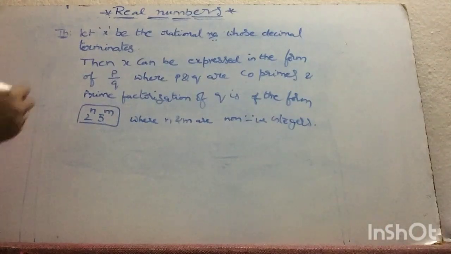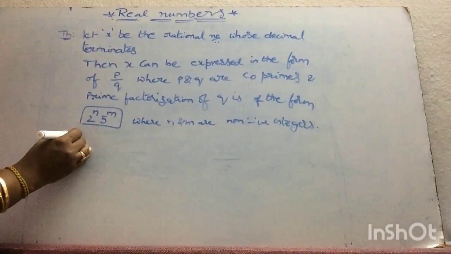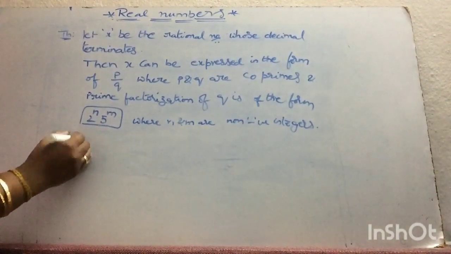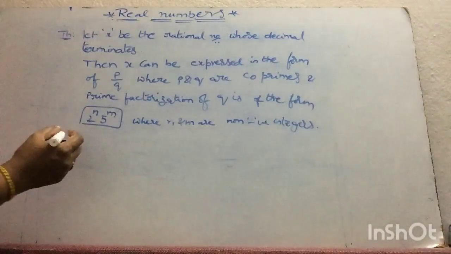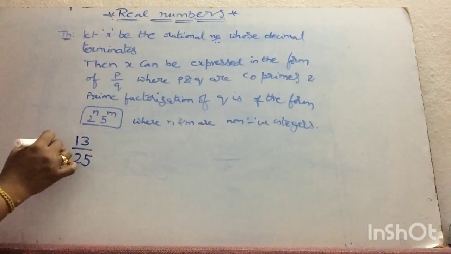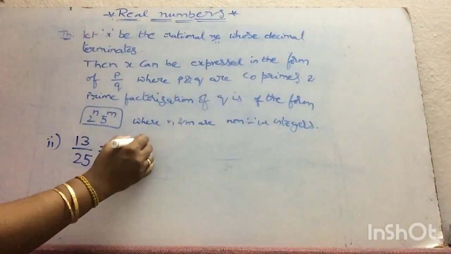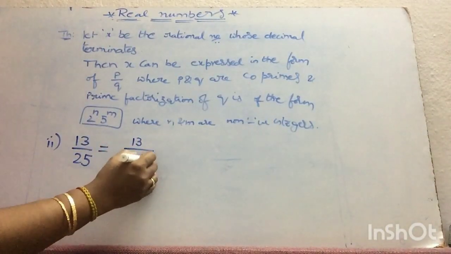Take one more example. Now I will take another example, 13 by 25. So 13 by 25 I will write as 13 by 5 square.